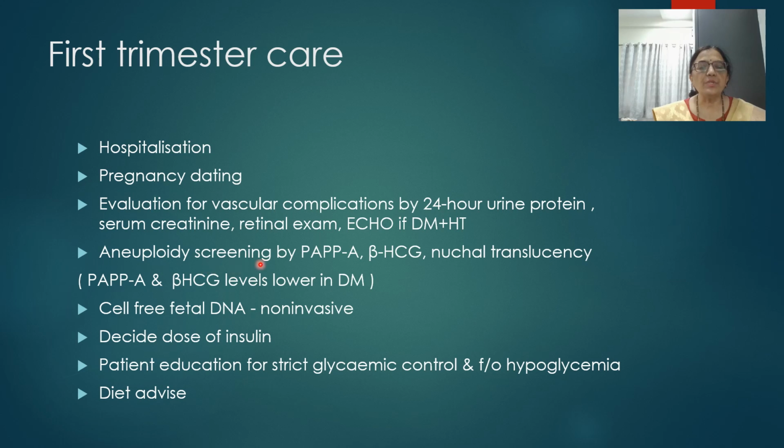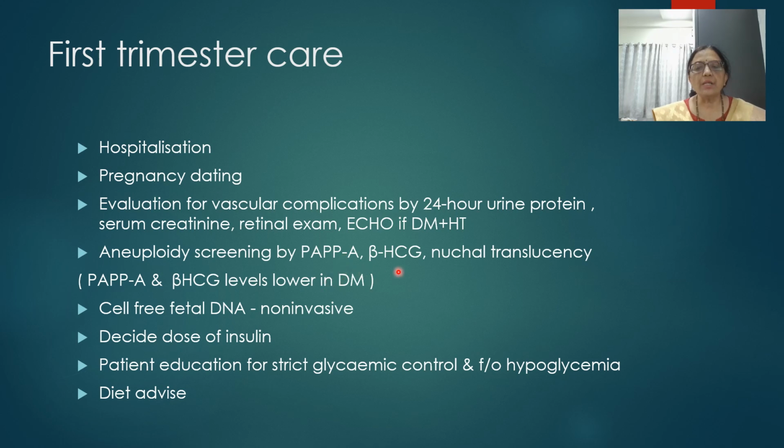Aneuploidy screening in the first trimester is by pregnancy associated plasma protein A, beta HCG and nuchal translucency. These three are used as markers for aneuploidy screening. But remember that in diabetes, the levels of PAPP-A and beta HCG are lower as compared to non-diabetic women, and that is why we need to be more cautious whenever we are interpreting the results.